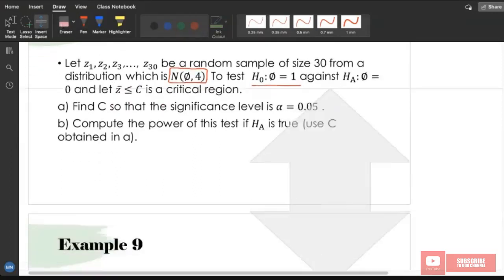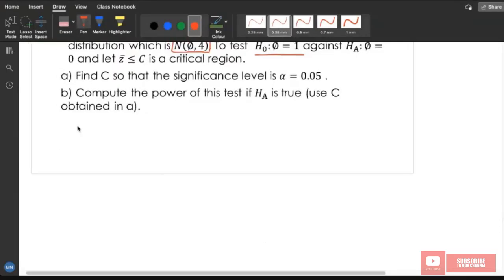So now, it has told us that the probability of type 1 error is 0.05. This is the probability of type 1 error.